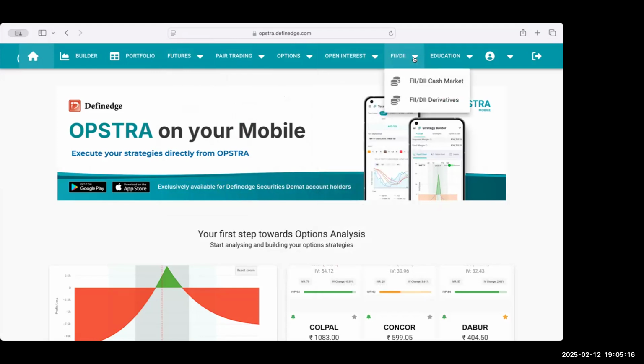FII and DII data, educational material, how to use this particular website, and all these things. This is absolutely free, so you don't need to download this website or this page. That's why I just showed you. Let's go back to Opstra.